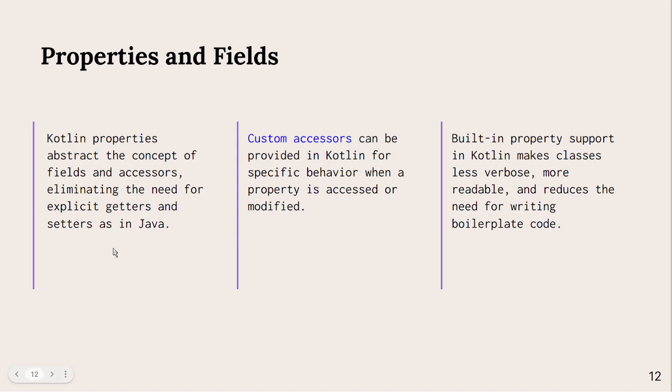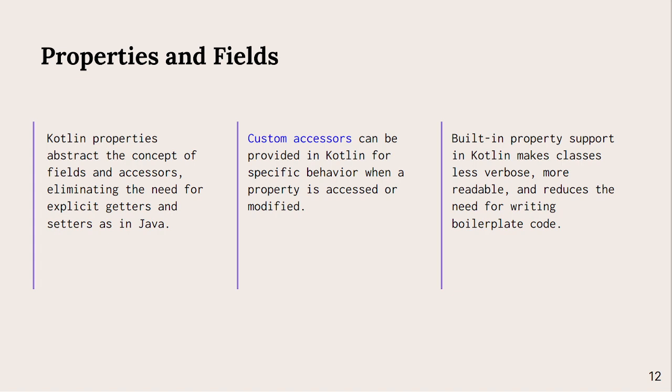This point describes that a property in Kotlin is not the variable itself. It's the variable, the data member, and the accessors.